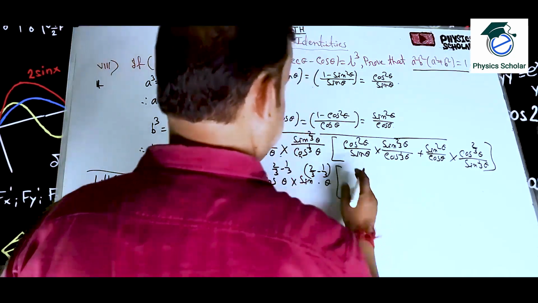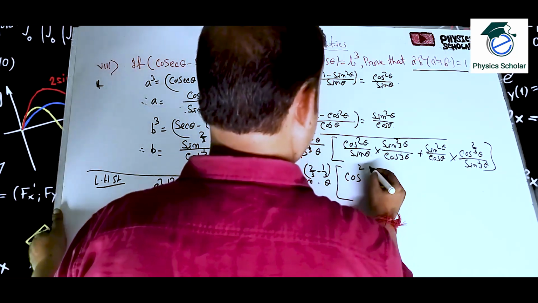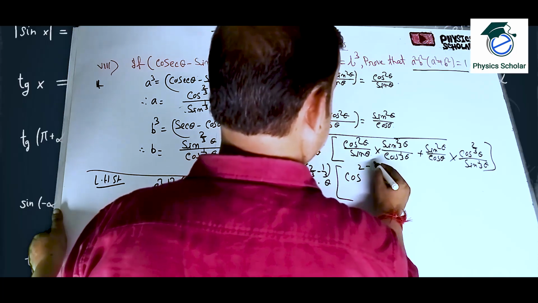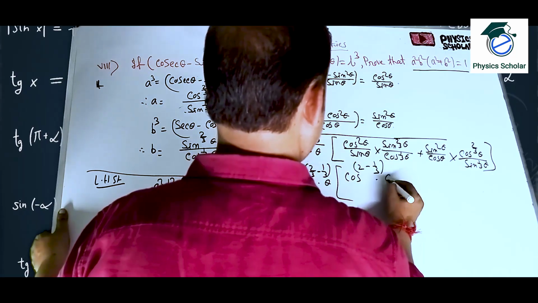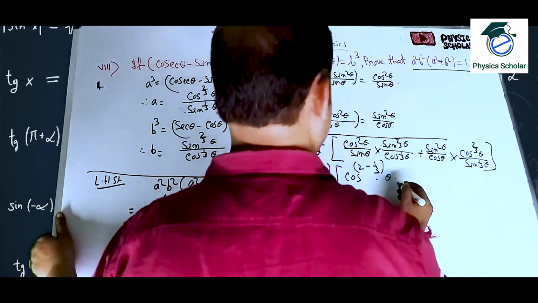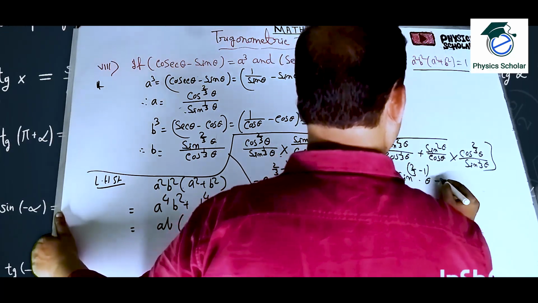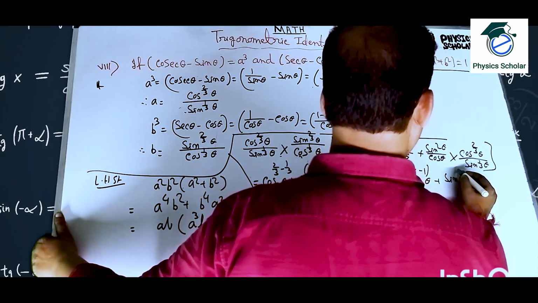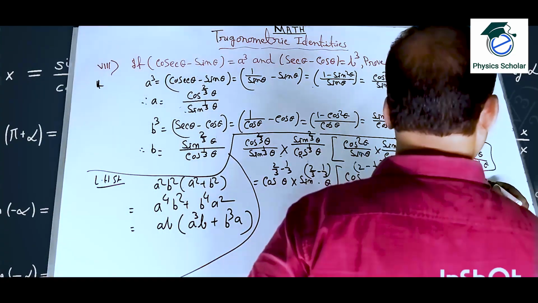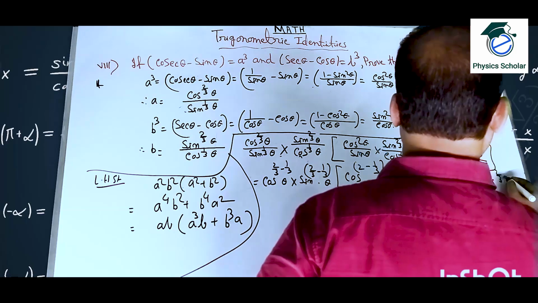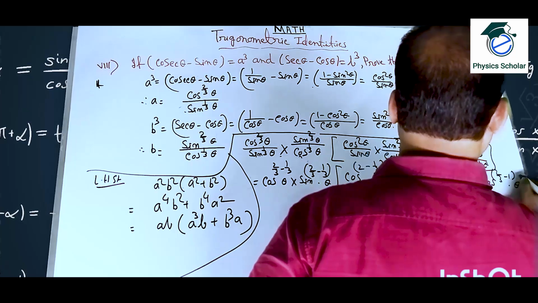Clear? Here it is, so what? cos to the power (2 minus 1/3) θ into sin to the power (2/3 minus 1) θ, plus sin to the power (2 minus 1/3) θ into cos to the power (2/3 minus 1) θ.